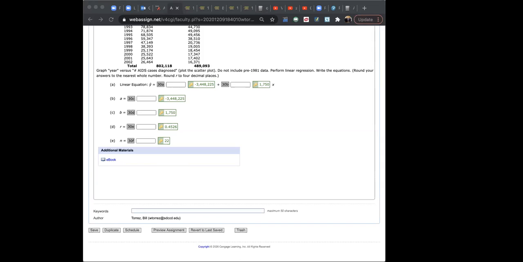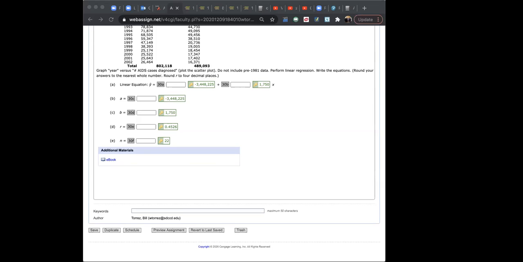So there's your regression equation, your scatter plot, and then the other part of your results here are the line, okay, as a line here given to you as y plus mx, and you can read out the slope here, -3448225.